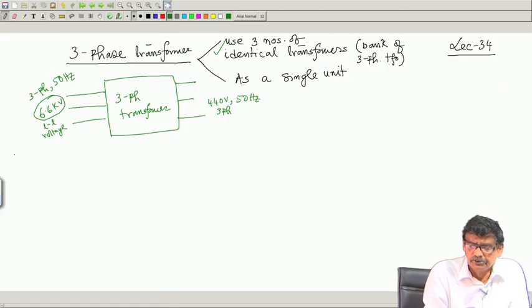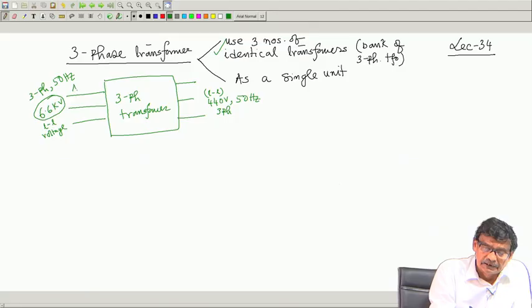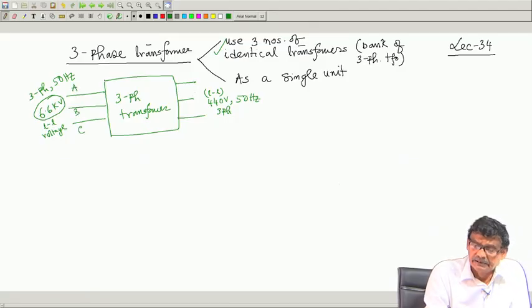A typical distribution transformer will have, of course, a kVA rating associated with it. Okay. So, 440 volt 50 hertz 3 phase, and this 440 volt once again is line to line voltage. So, the supply here is A, B, C, and here the supply I may call on the secondary side a, b, c.